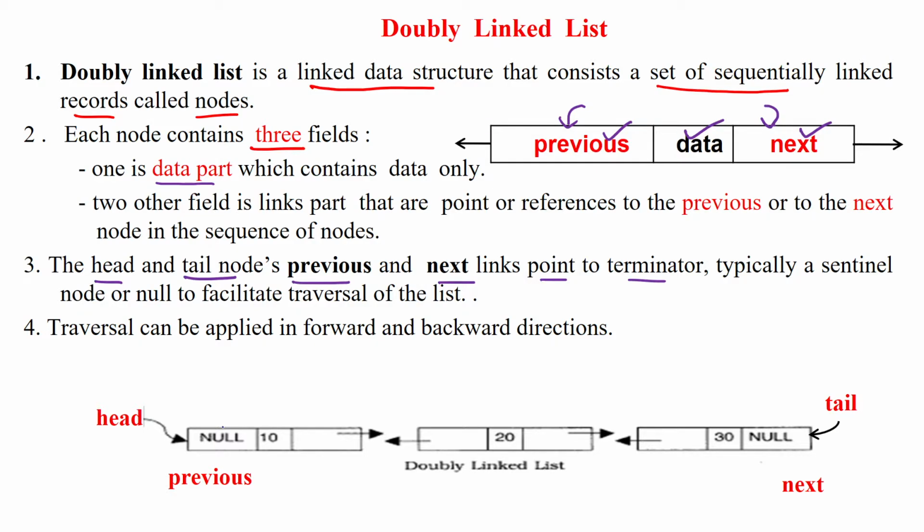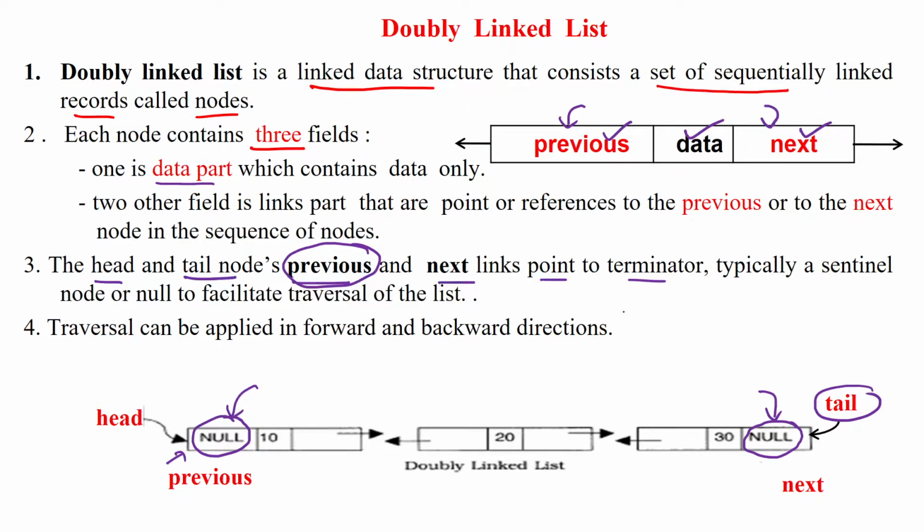The previous link of the head node and the next field of the tail node both represent the terminator, meaning a null value. It represents the null value, that means the end of the list.